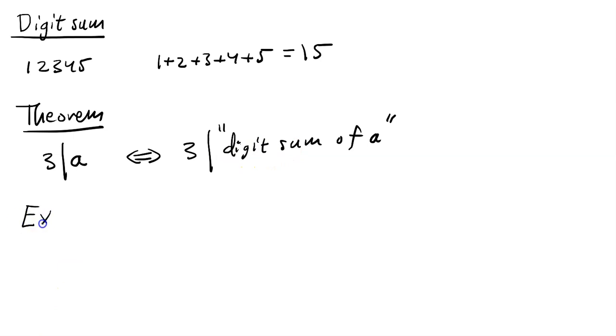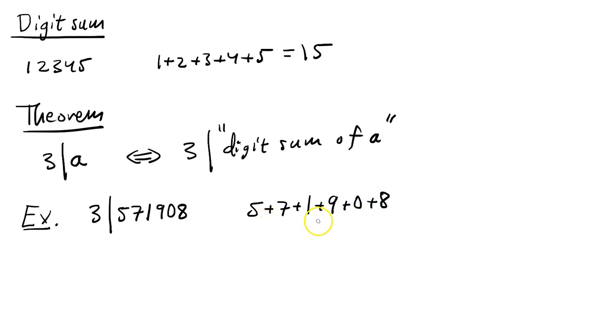For example, we have that 3 divides, let's take this number here, 571,908. 3 divides this number because if you take the digit sum of this number, it is equal to 12, 13, 22, 30.